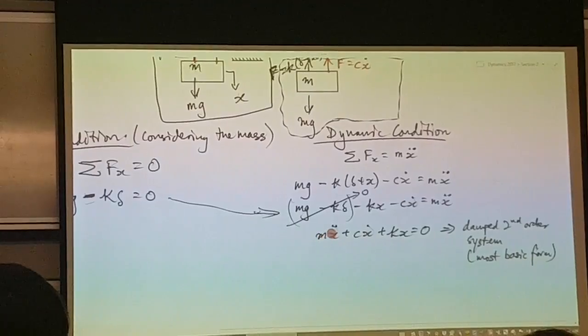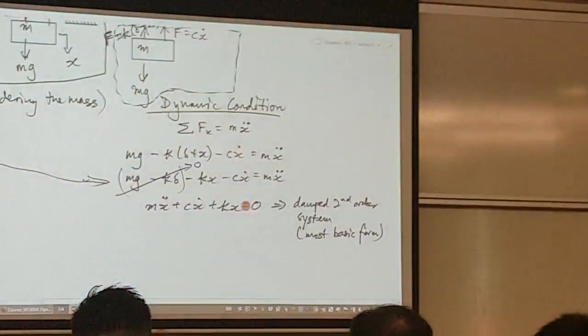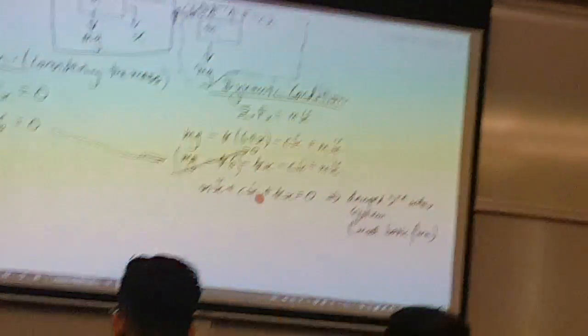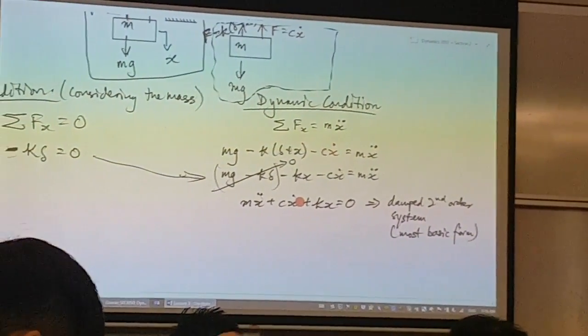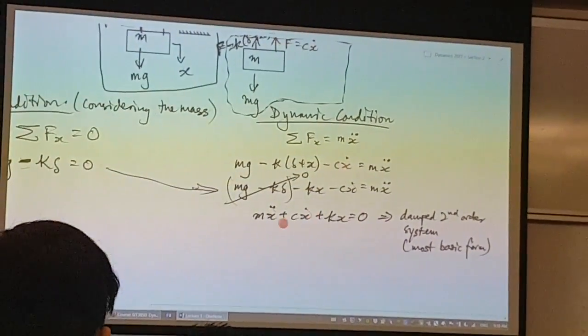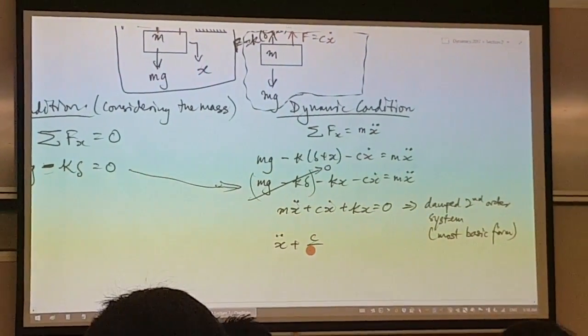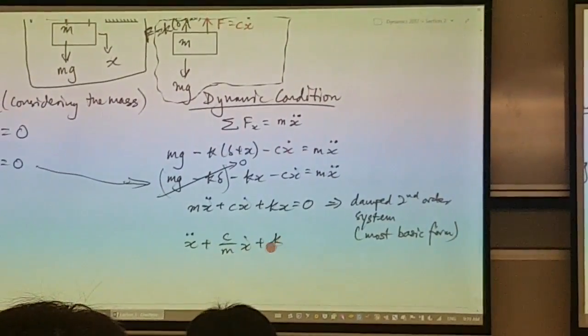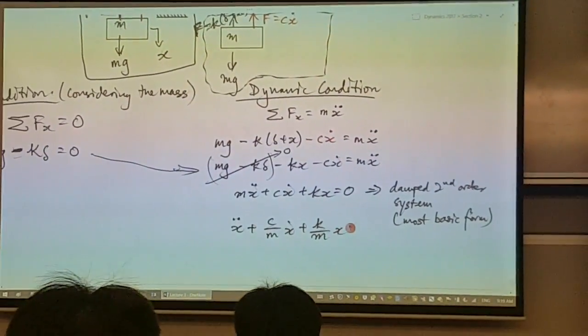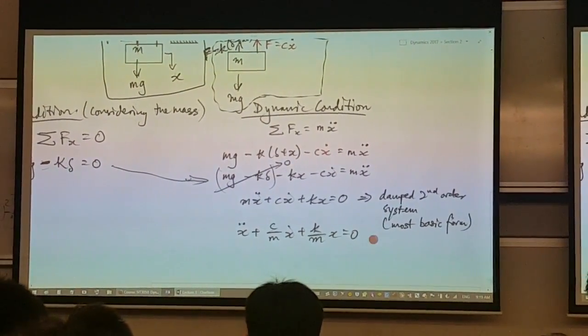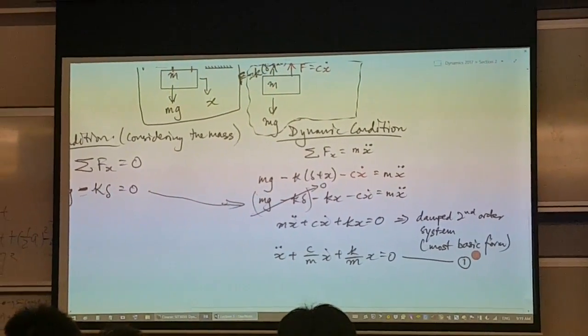Last week it was mx dot dot plus kx equal to 0. Now we have the damper, so that's that term. We can simplify this by dividing throughout by m. So I have c divided by m x dot plus k over m x equal to 0. I'm going to call this equation 1.